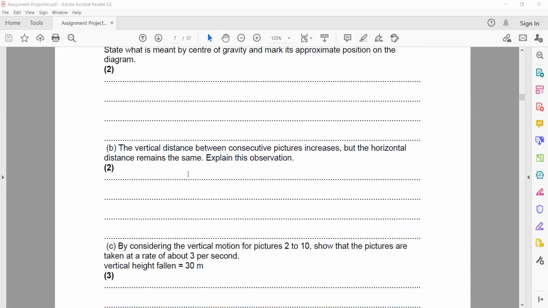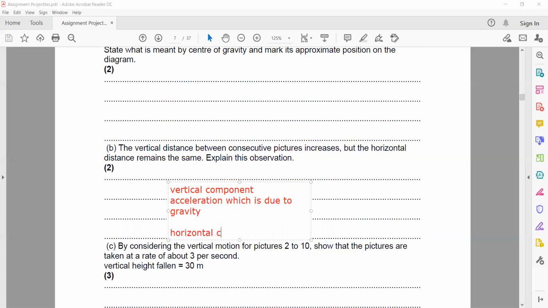The vertical component has acceleration, which is due to gravity, whereas the horizontal component has no acceleration. That's why it remains the same.